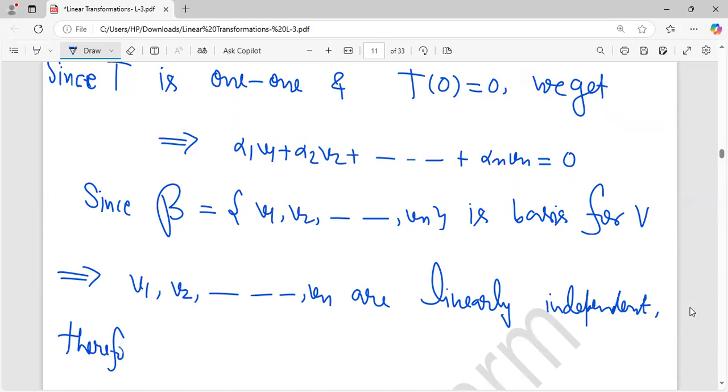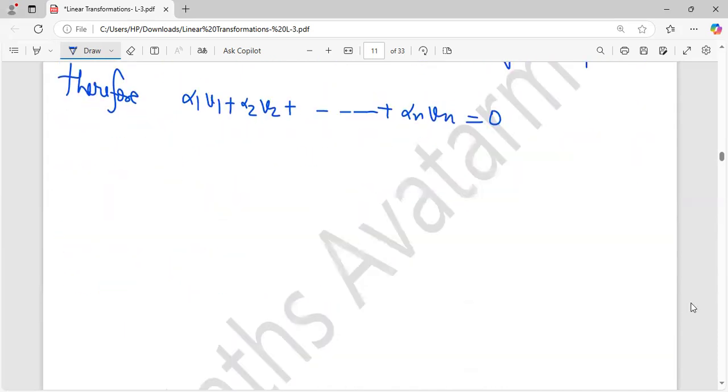Therefore, alpha 1 v1 plus alpha 2 v2 up to alpha n vn is equal to 0 implies alpha 1, alpha 2 up to alpha n are all 0.